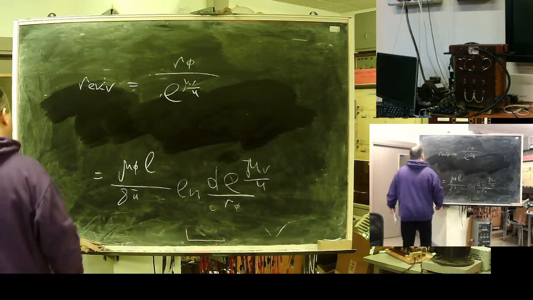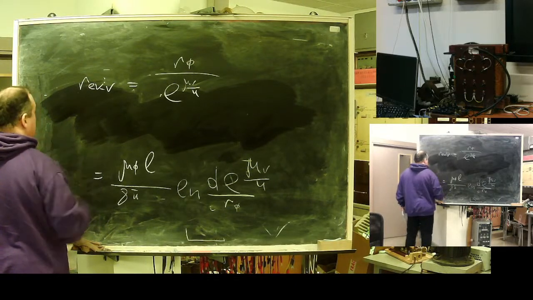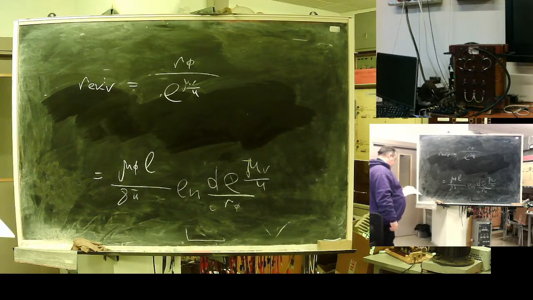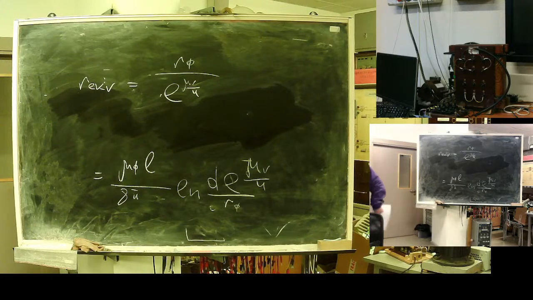Equivalent, it's also maybe called geometric mean radius. It's an equivalent radius, or geometric mean radius, for your wire.